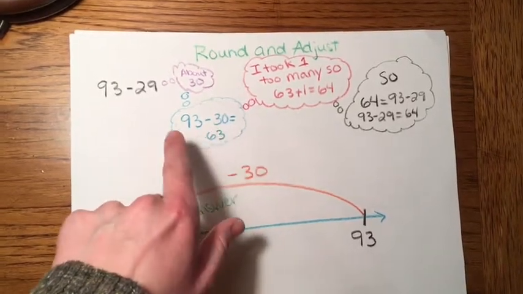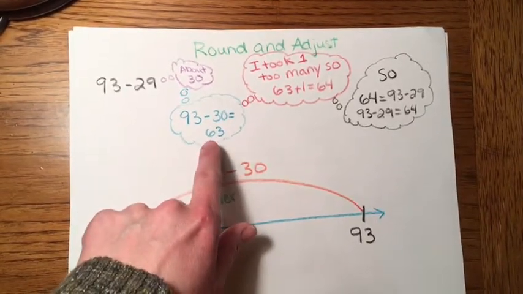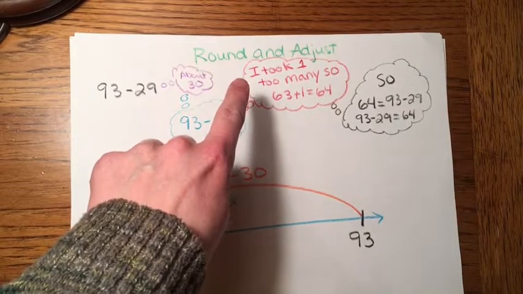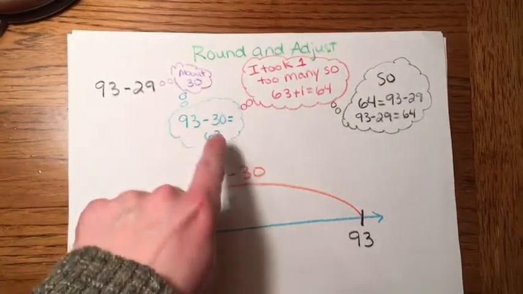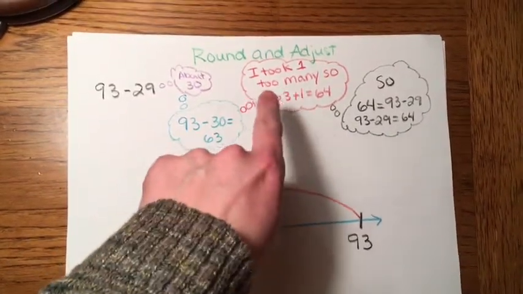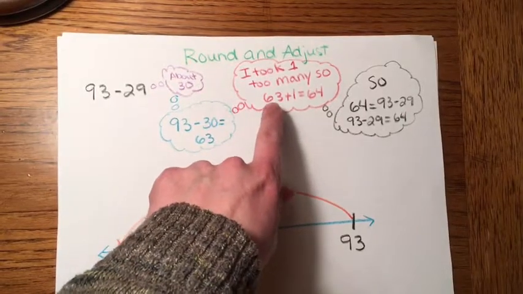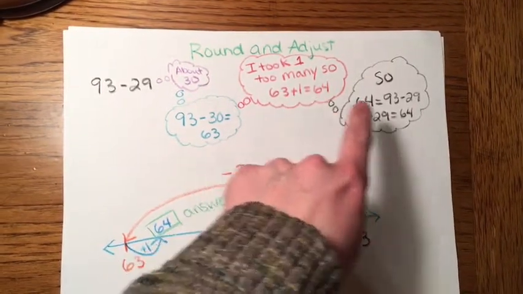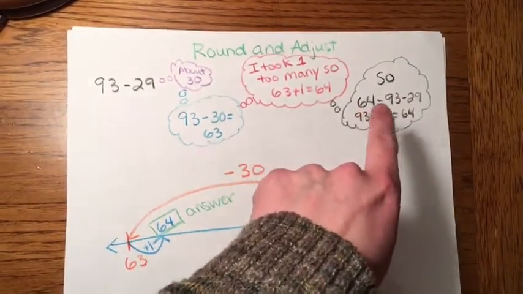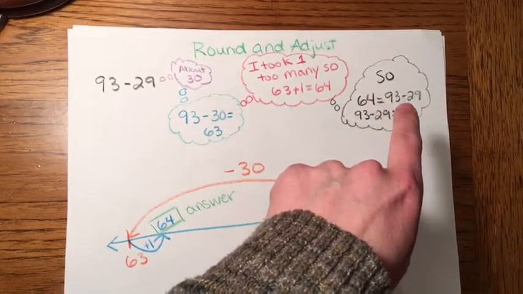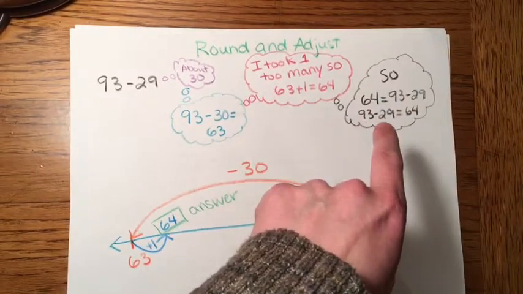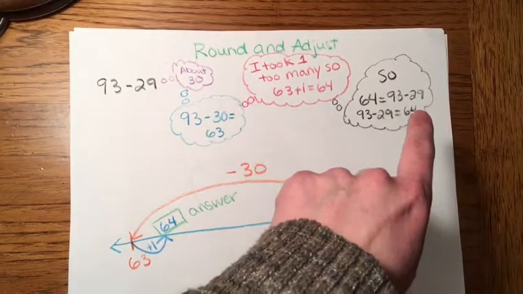Notice we're just subtracting our tens place to get this 63. I took one too many because 29 is 1 less than 30. So I need to add that back in. So 63 plus 1 is 64. So 93 minus 29 equals 64.